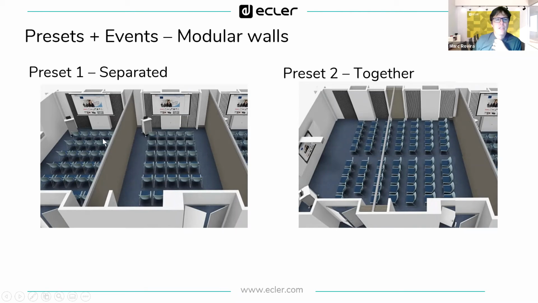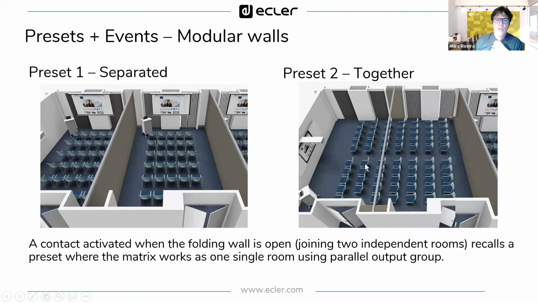We've got here a folding wall. A folding wall, because depending on the event, you want independent rooms separated or together, the whole room. Let's think that there's a contact, and when the folding wall is all open, this contact is activated. This contact is connected directly to the MIMO, let's say GPI 1.